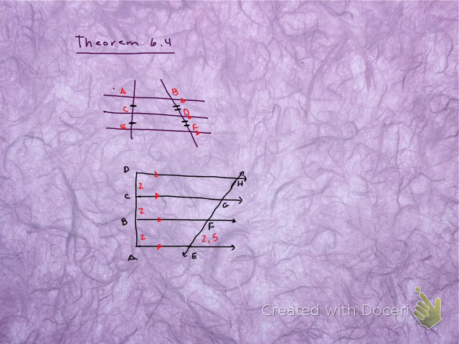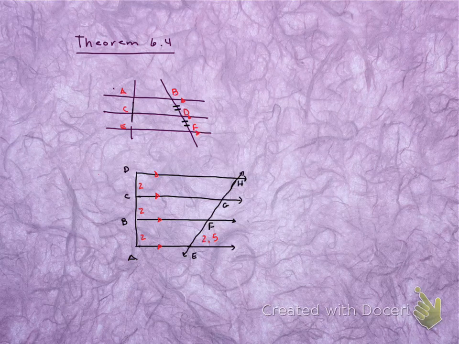So Theorem 6.4 says that if these parallel lines cut off transversals in congruent segments on one, then they are congruent segments on the other. For example, I'm just going to erase those two little tick marks there.